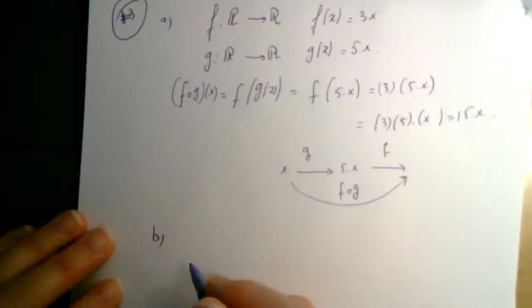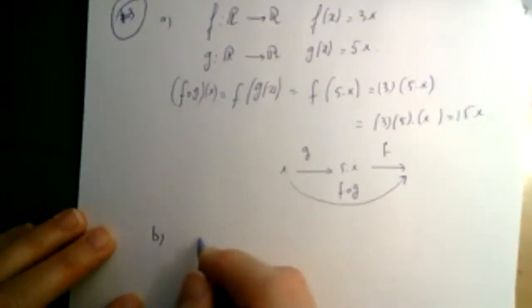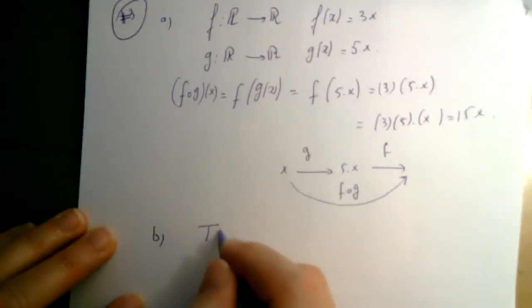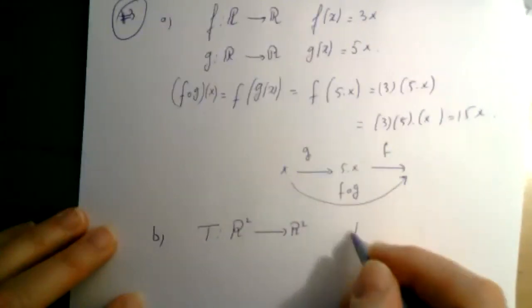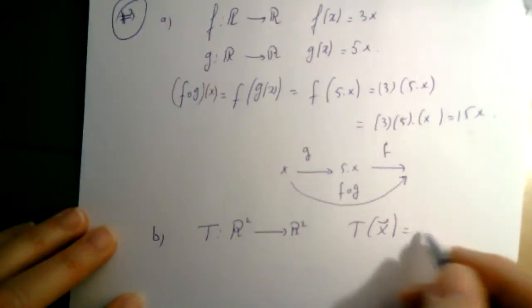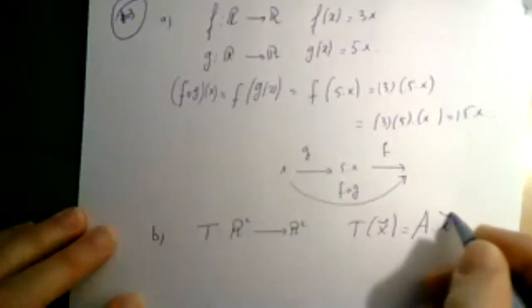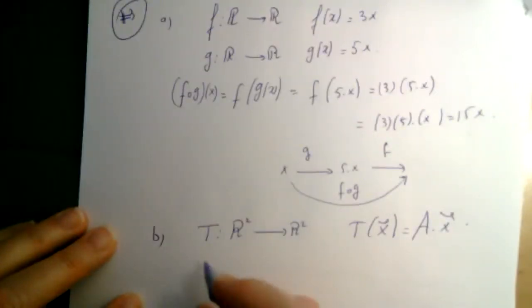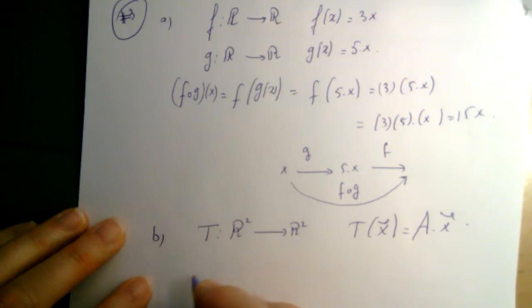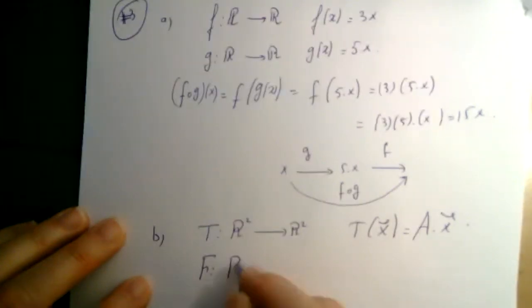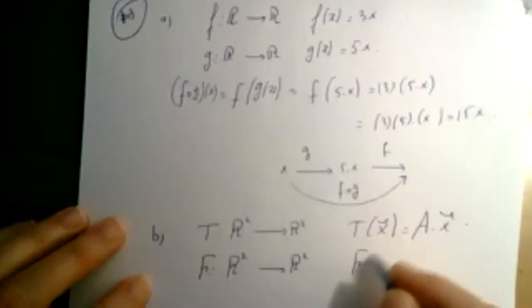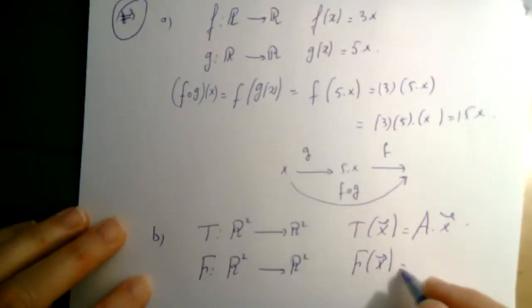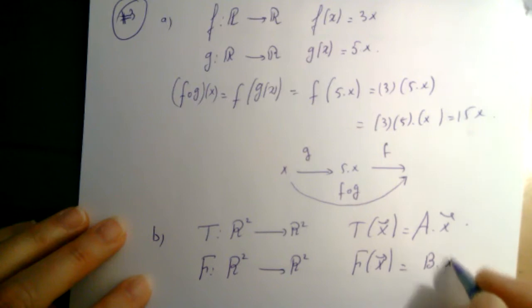Suppose A and B are 2 by 2 matrices, and we have T from R2 to R2, given by the rule A times x, a typical matrix transformation. And then I have another one, F, from R2 to R2, given by B times x.